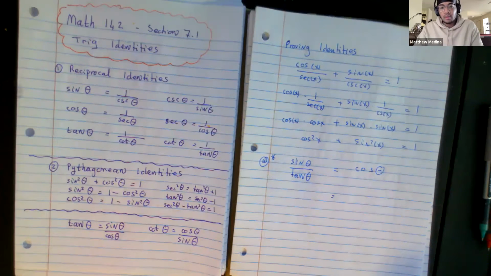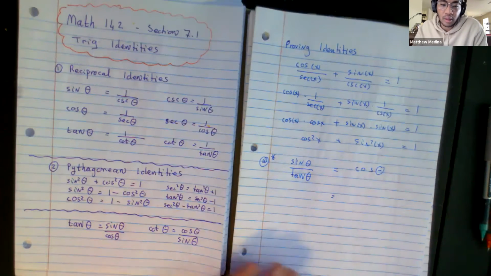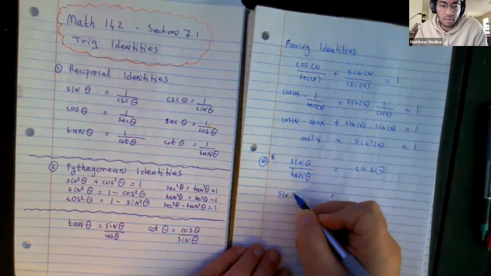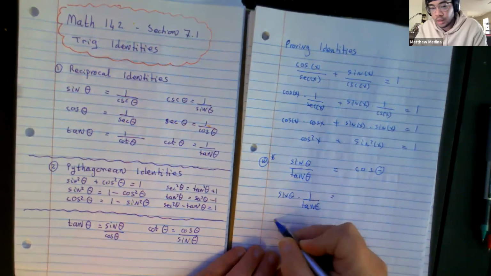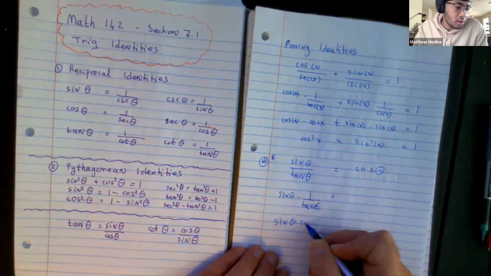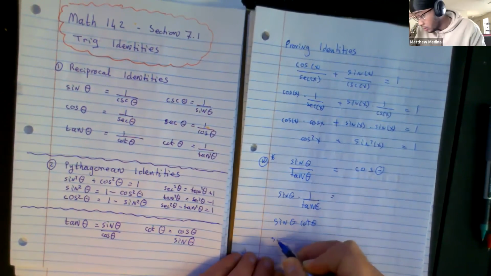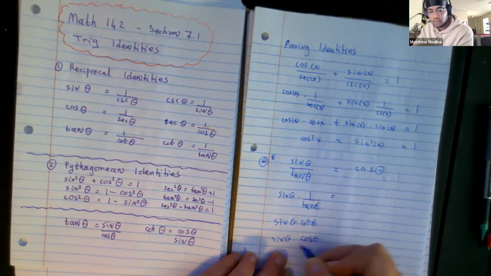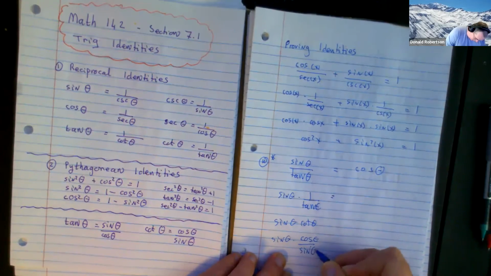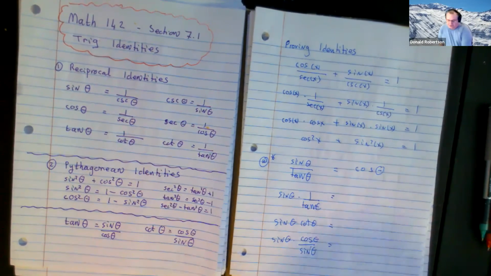We could separate it to be 1 over tan, which will be the same as cotangent, correct, and then change cotangent to cosine over sine. And what is so nice about cosine over sine?